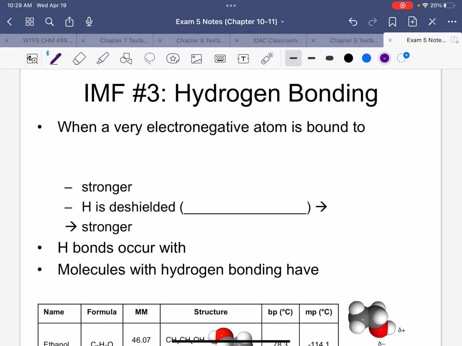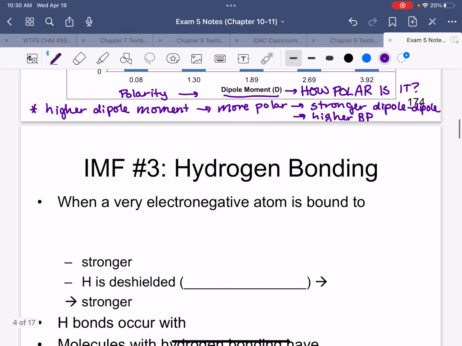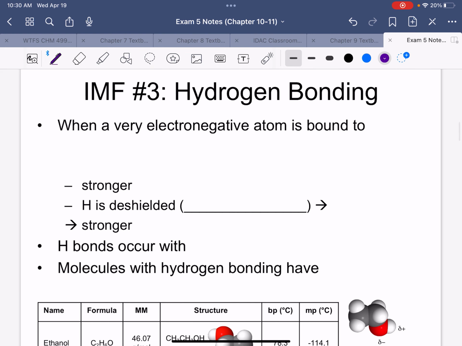So hydrogen bonding is still a covalent intermolecular force. It is not a bond, but it happens when you have hydrogen with a very electronegative atom. The very electronegative atom is bound to hydrogen, so there is a direct bond to hydrogen.